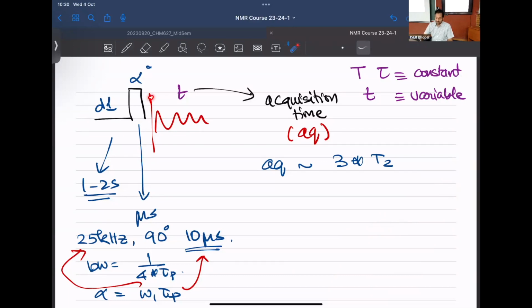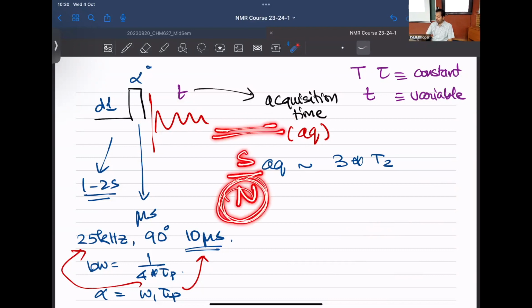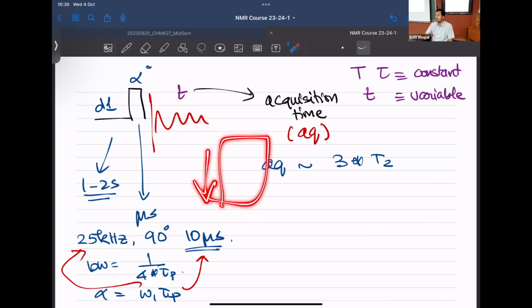Therefore, once you excite, your signal slowly decays as a function of time. Acquiring beyond the point where the signal has died is not a smart thing because it will be associated with noise that is present. The more noise we acquire, the denominator of the signal to noise ratio keeps increasing, the signal to noise ratio keeps reducing, and therefore it's not a very sensible thing.